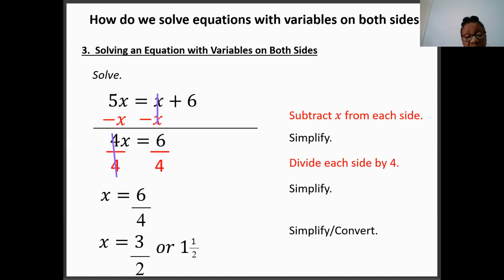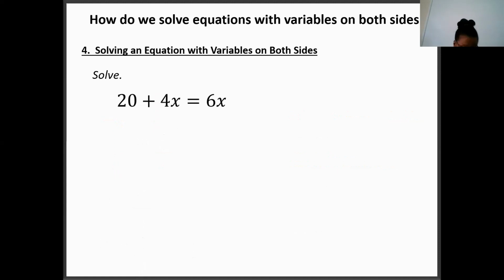So if you have 1.5, that is correct. Okay, go ahead and work, and I hope most of you are feeling comfortable. If you follow the steps, you will be able to get it all done correct.